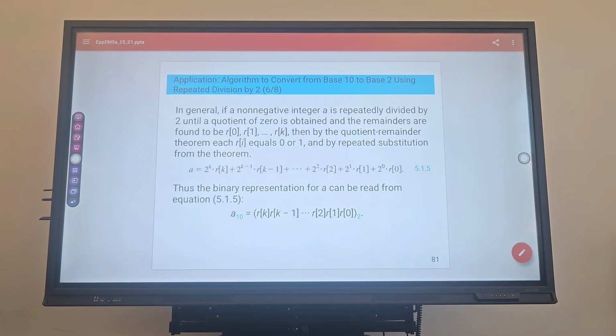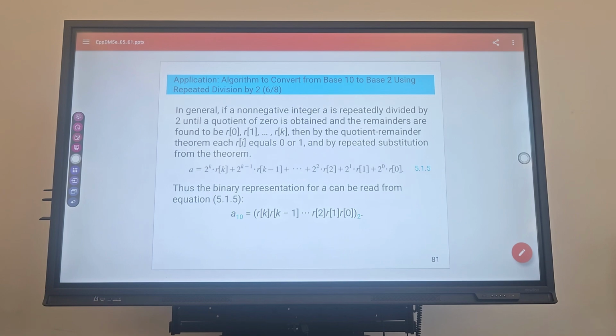In general, if a non-negative integer a is repeatedly divided by 2 until a quotient of 0 is obtained, with the remainders found to be r0, r1, etc. to rk, then by the quotient remainder theorem, each ri equals 0 or 1, and repeated substitution from the theorem gives this expression here.